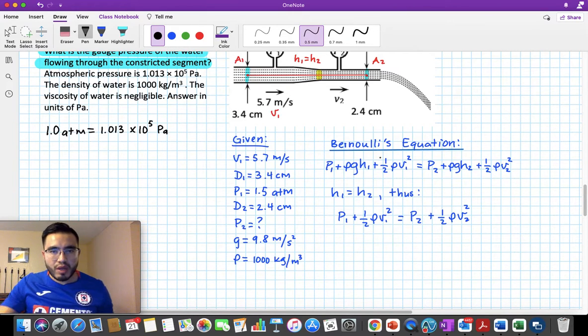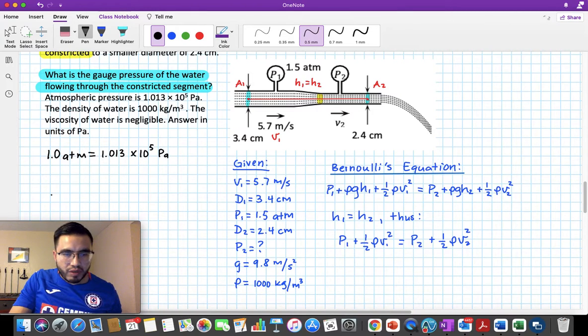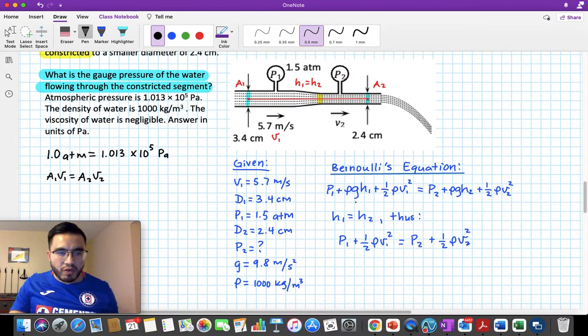Well, we know that the flow rate is constant on this pipe. And we know the continuity equation, which is cross-sectional area 1 times velocity 1 equals cross-sectional area 2 times velocity 2. So based on this formula, we can find velocity 2.